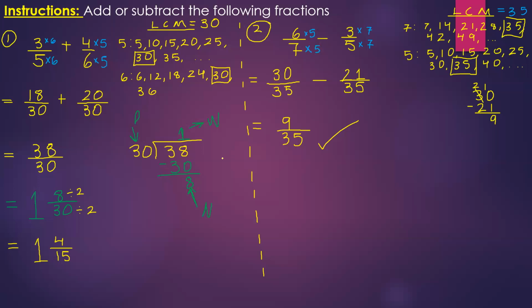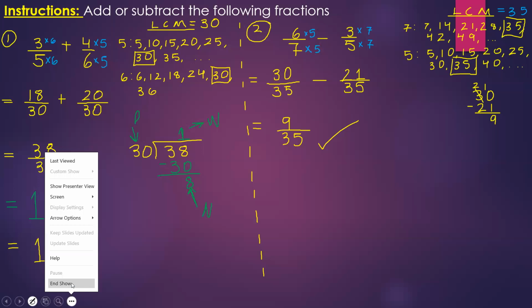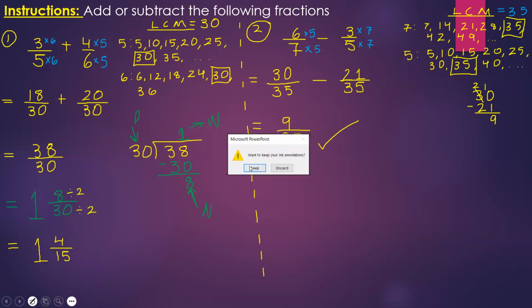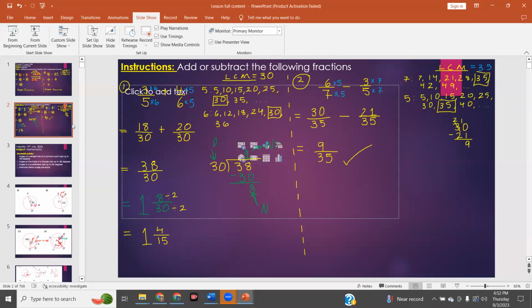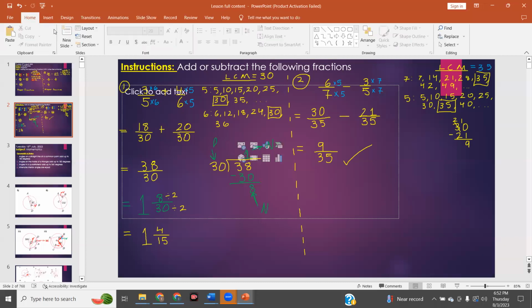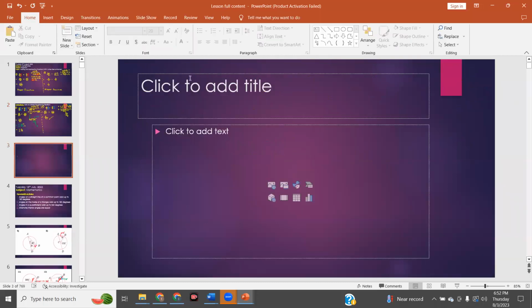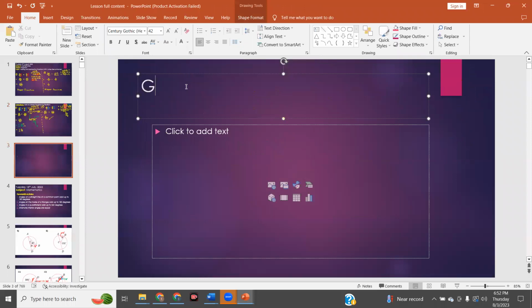All right, let's go. Okay, so for those who send in their homework, I will mark them and send you your grade. So let's do the grade exercise.